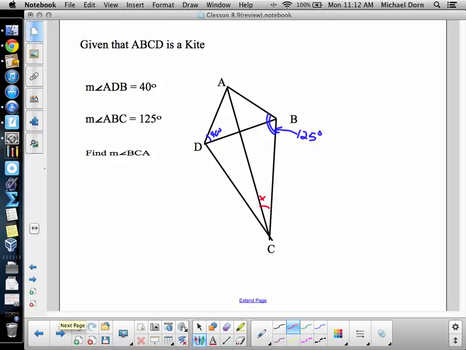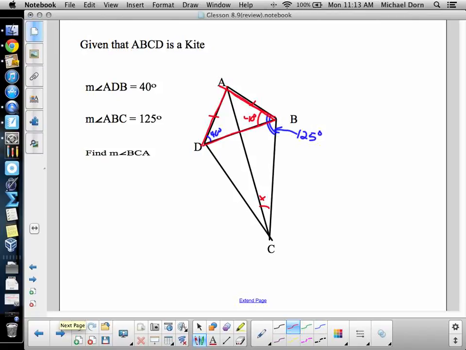All right. Well, this is going to require a little detective work. If ADB is 40, now let's think about this for a second. Consecutive sides in the triangle have to be congruent. So if I just look at the triangle up here, these two sides have to be congruent because it's a kite, right? So if these two sides are congruent, what about these two angles here? They have to be congruent, so that's 40 degrees also.